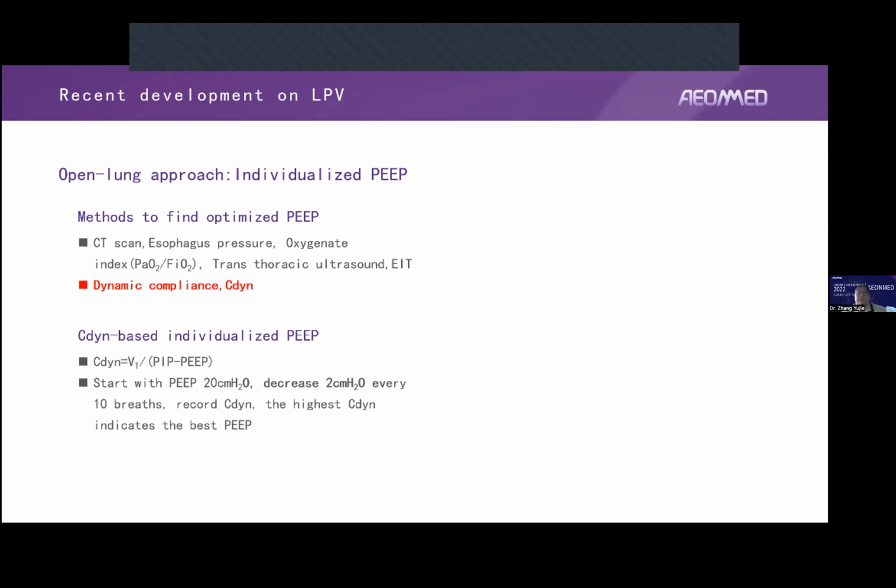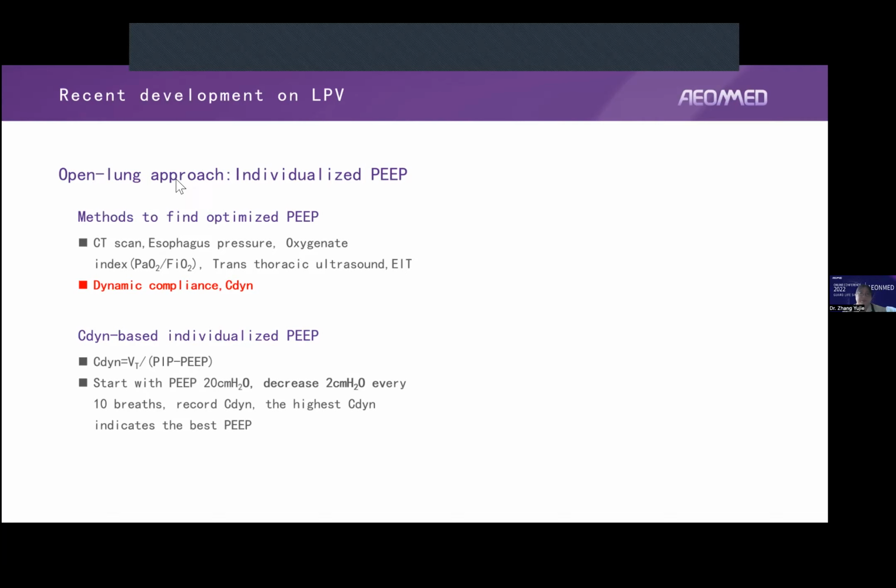The dynamic compliance is described as the tidal volume divided by the pressure difference between maximum pressure and PEEP. When it reaches the highest, it means the ventilation and pressure match best. The lung is sufficiently ventilated, keeping alveoli open and not overloaded. This is also called the open lung approach.